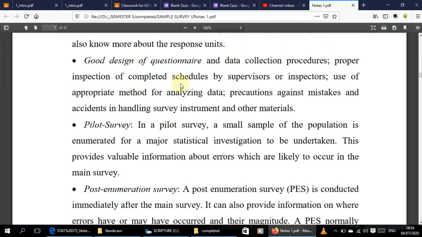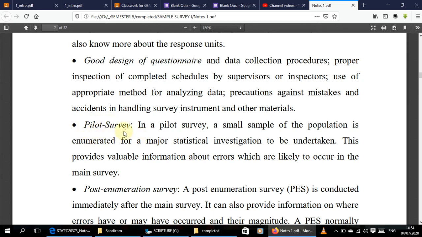Pilot surveying. Now pilot surveying is all about doing a survey before the main survey. So before doing the survey, just take your questionnaires out and let a few people answer them so you can see the mistakes in the questionnaires, so that when the main survey comes, by that time you have rectified all your issues.